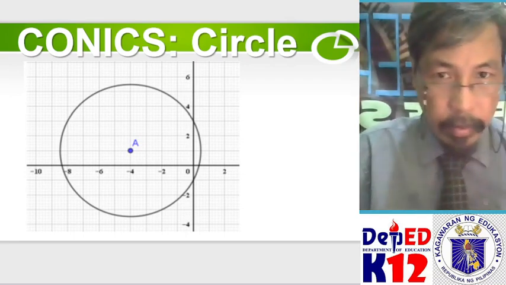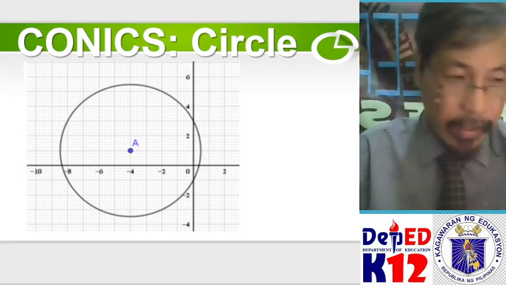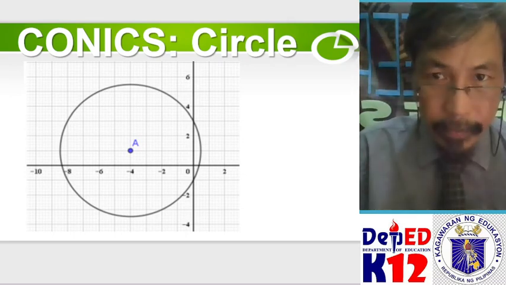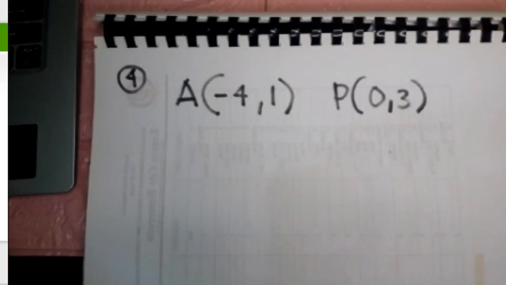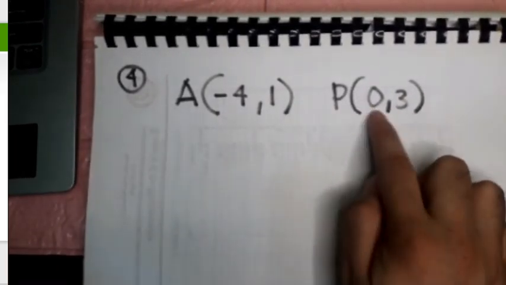So, in our case, we use the center and the point P at 0, 3. We use the positive point.